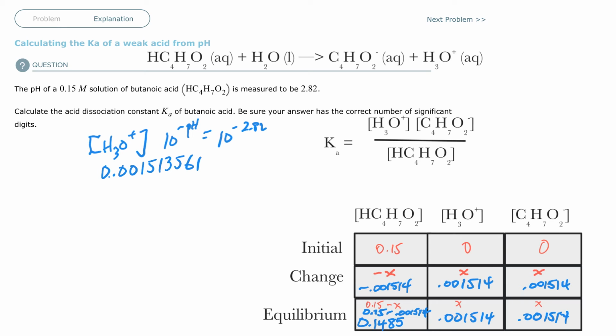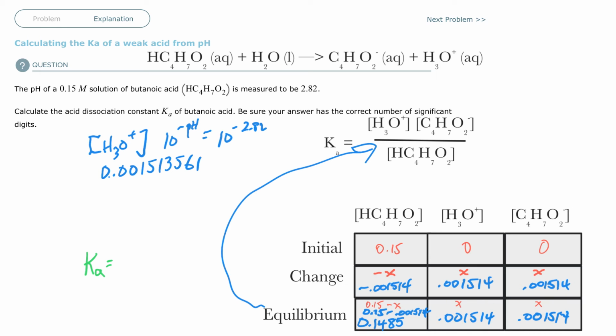Once you have these numbers at equilibrium, you can put them in as the concentrations and simply solve for Ka. So Ka is equal to, I need the concentration of hydronium. The concentration of hydronium is here, because remember it's the equilibrium number.